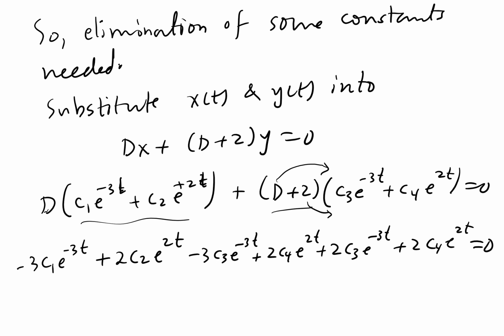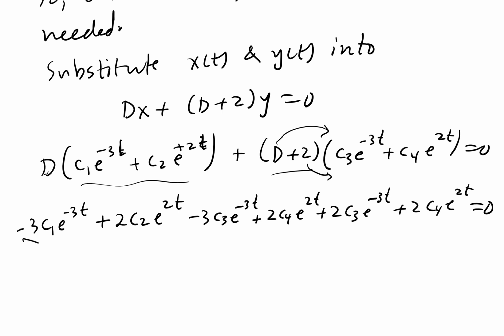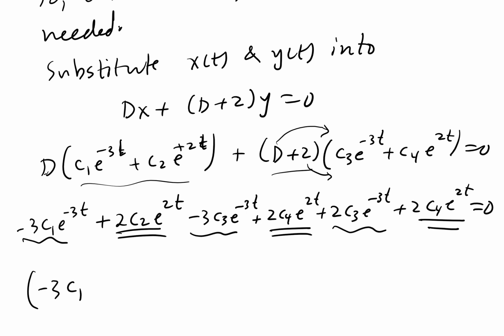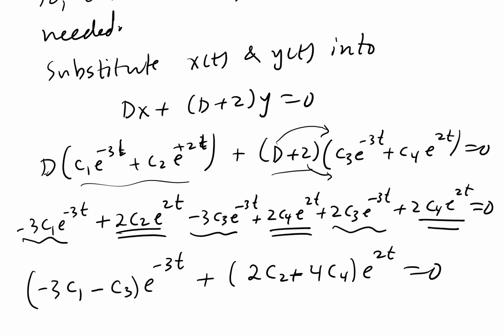0. And now what I'm going to do is, as you notice, some are e to the negative 3t and some are e to the 2t. So we're going to collect like terms and let's see what we get. Negative 3C1 minus C3 times e to the negative 3t plus 2C2 plus 4C4 times e to the 2t equals 0.